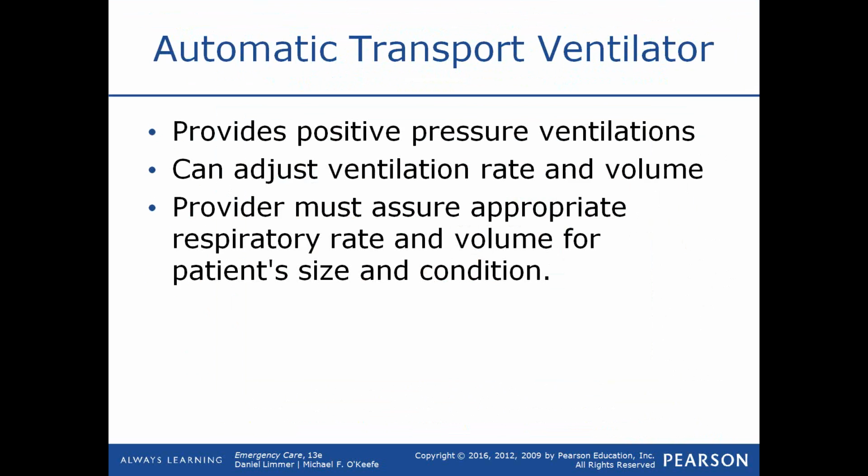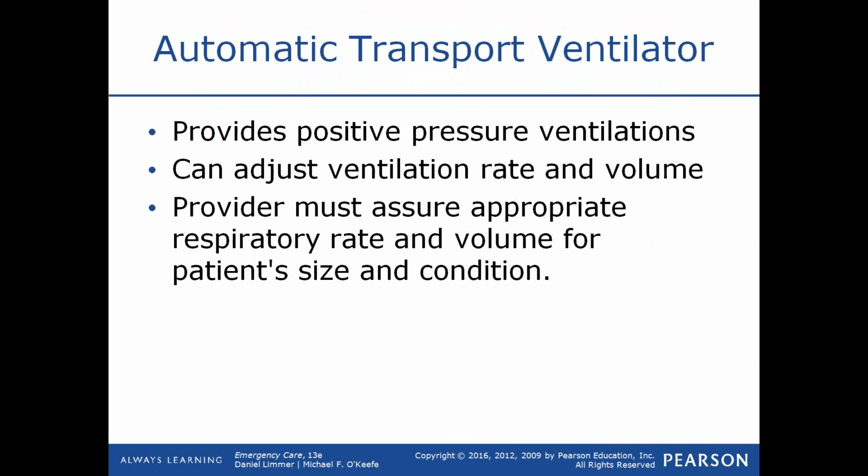An automatic transport ventilator is something else that you can do as an EMT. It provides positive pressure ventilations, and typically it's just two buttons that you can mess with if you've got one. One button is the respiratory rate button, and the other is the tidal volume button. And typically it'll deliver 300 for a child, 500 to adults.